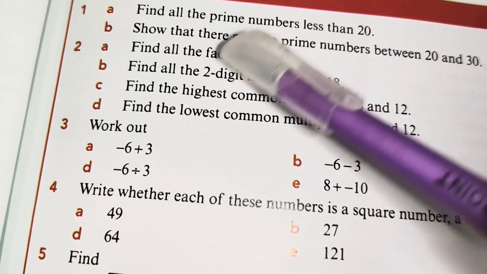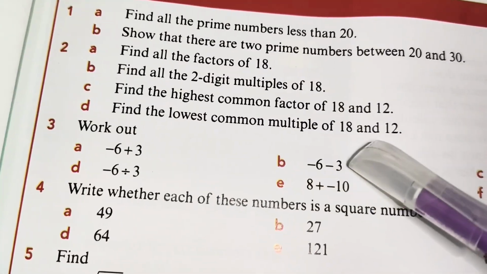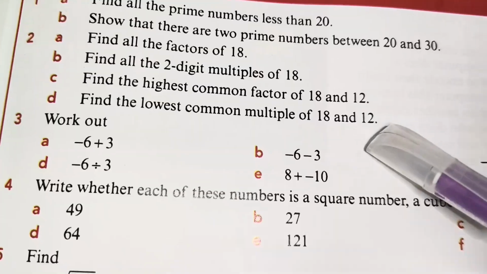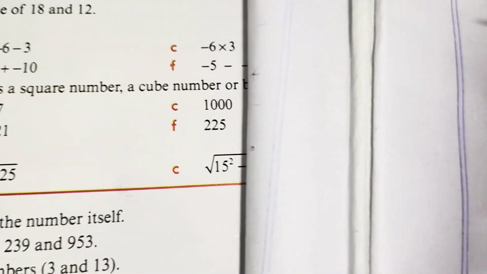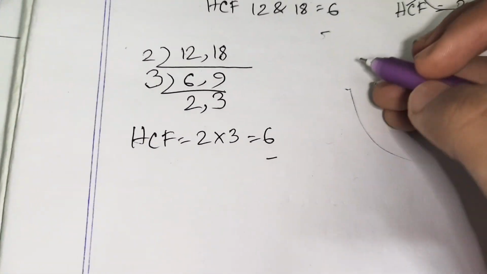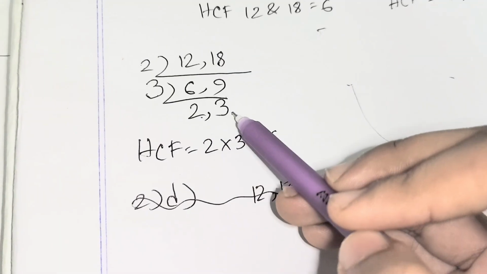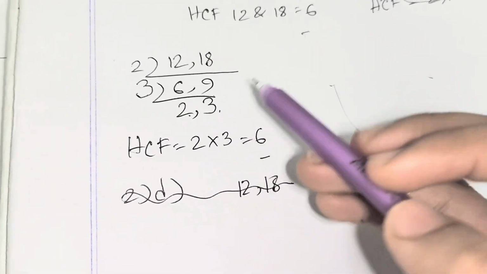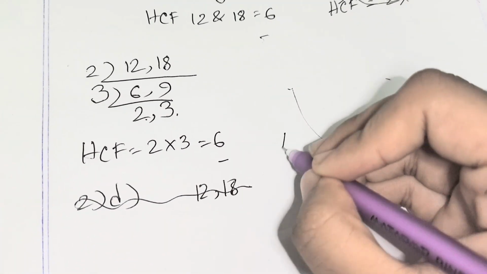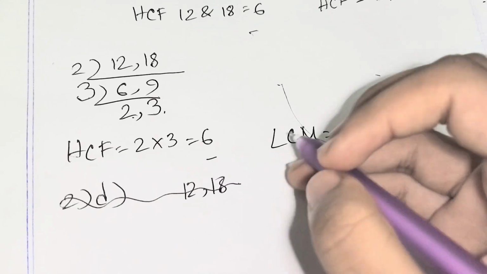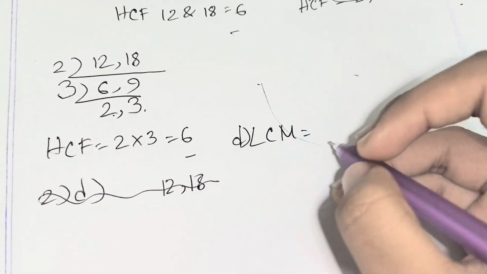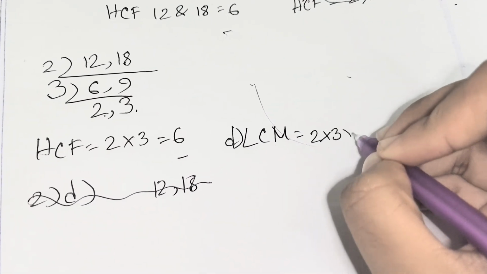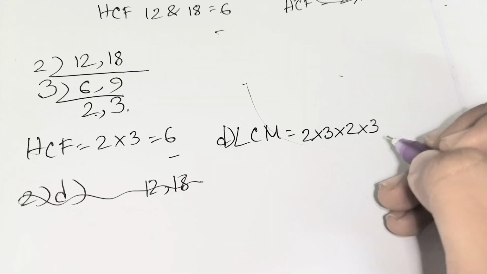Now going to number D: find the lowest common multiple of 18 and 12. This, however, is done in only one way, the one I just showed. For the LCM, you also multiply these two together with that. So the LCM is 2 times 3 times 2 times 3.